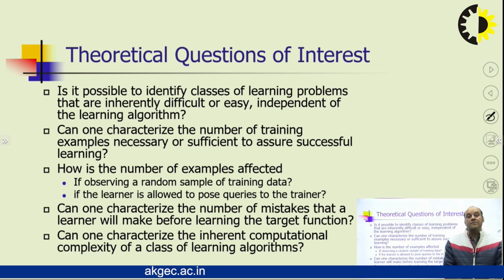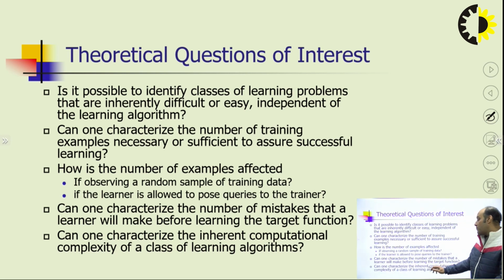This is another question. Next, can one categorize the inherent computational complexity of a class of learning algorithms? Can anyone define it? These are some of the questions that come to our mind while implementing any algorithm in machine learning.